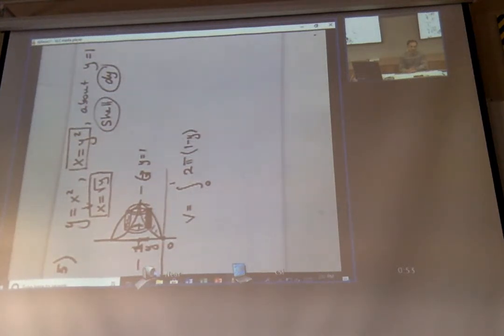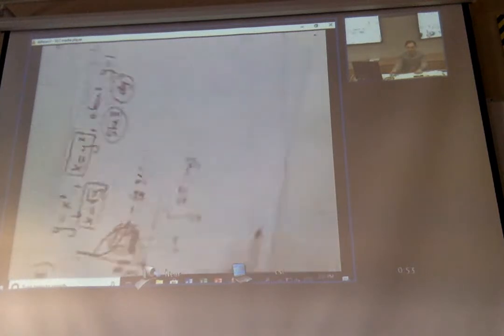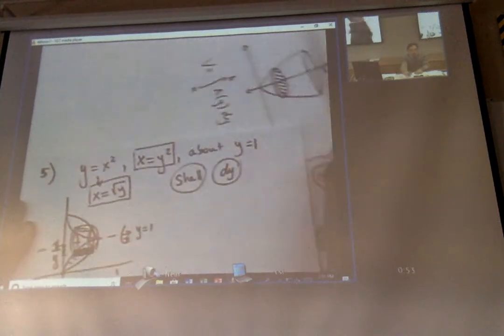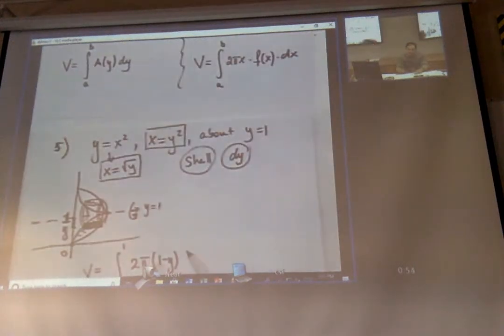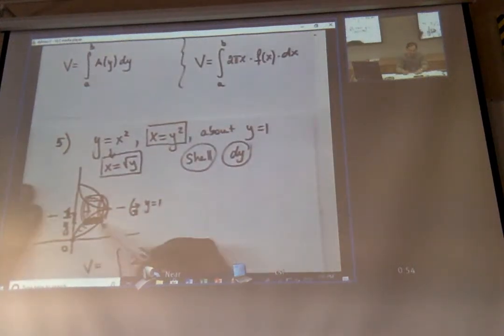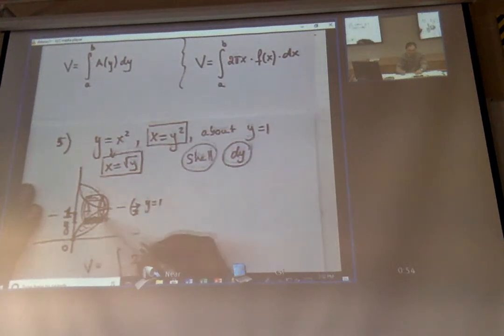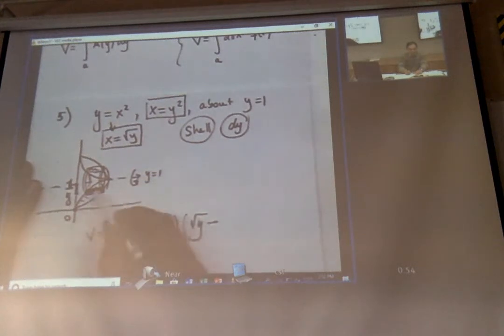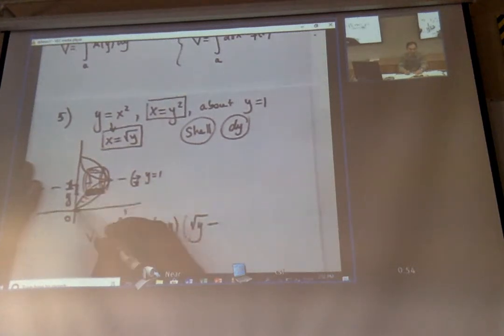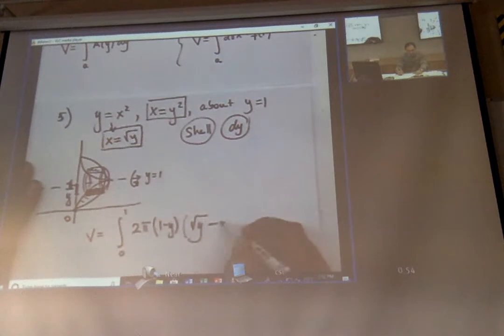The only thing here, you have to be careful to know what function to pick. Don't forget, everything has to be in terms of y. So over here, this curve is square root of y. So this will be square root of y minus y squared, and dy, and you're done with the integral.